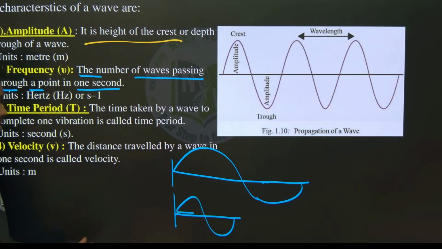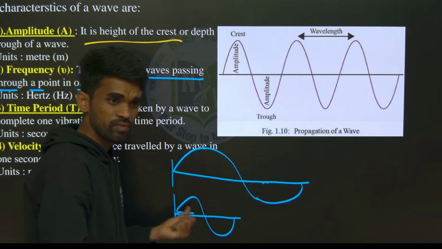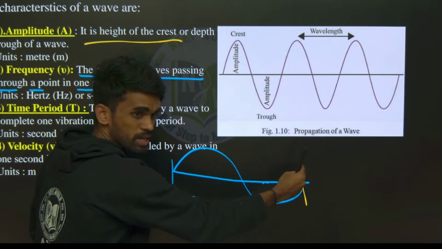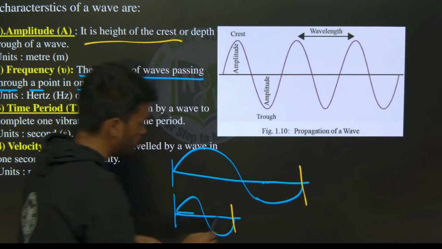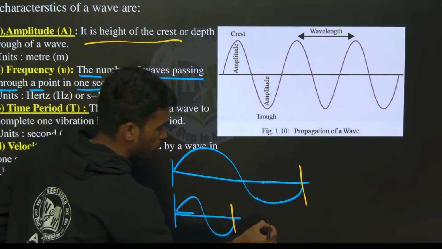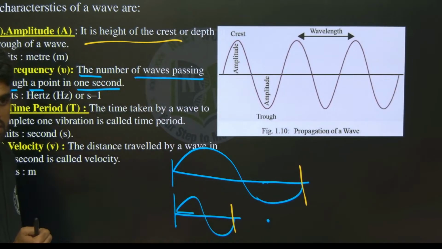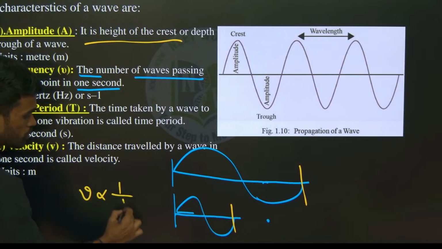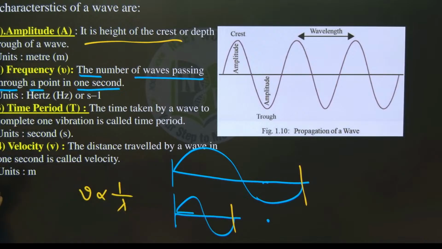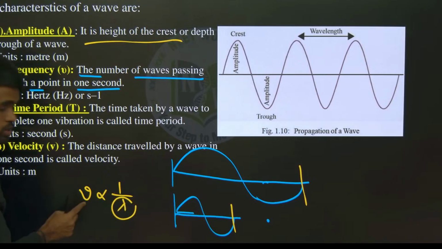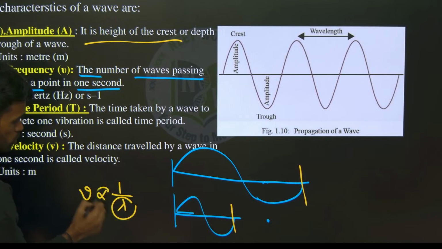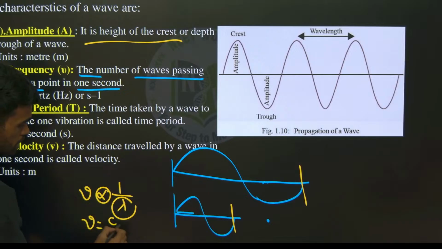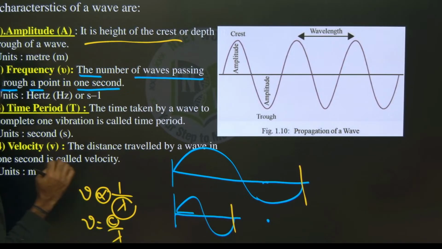The wavelengths are different: this is bigger and this is smaller. Now the number of waves passing a point in 1 second will be more in which case? The second case. So frequency is inversely proportional to wavelength: the bigger the length of a wave, the smaller the frequency. If I remove the proportionality, it will be c by lambda, the speed of light divided by wavelength.